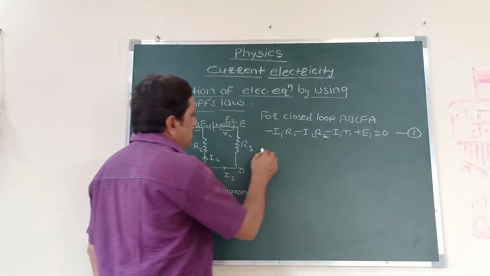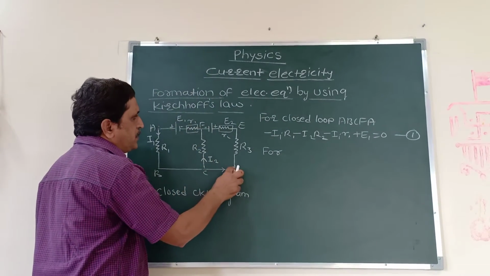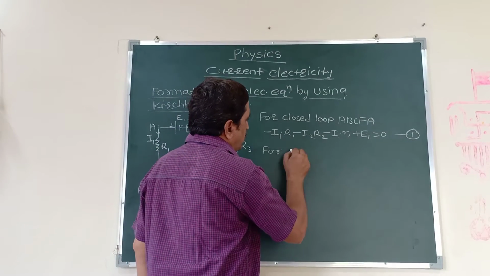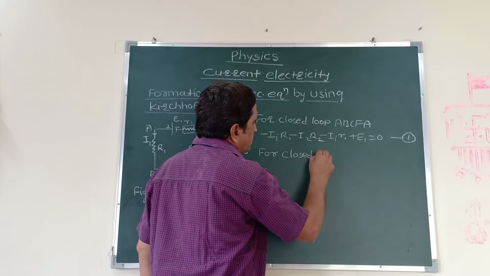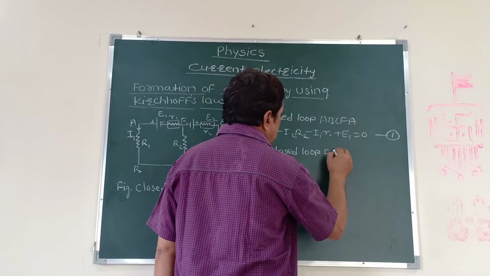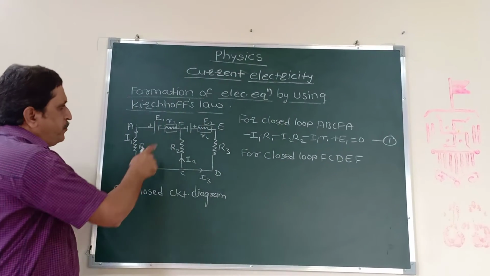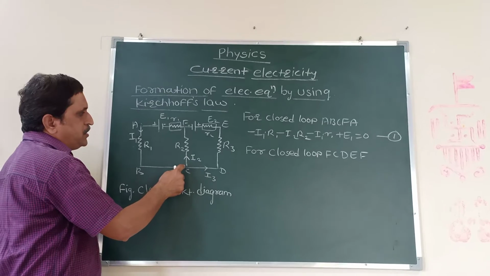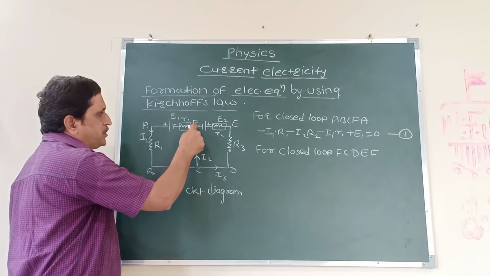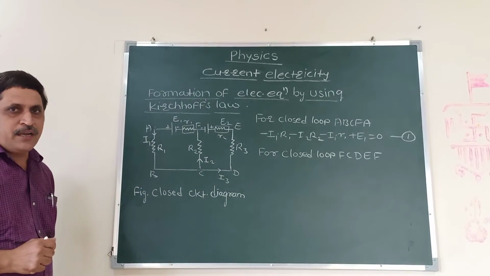Now for the second loop, we can take another closed loop F, C, D, E, F. Now for this path F to C, current is moving from C to F and we are reading the circuit from F to C, that means both are in opposite directions.